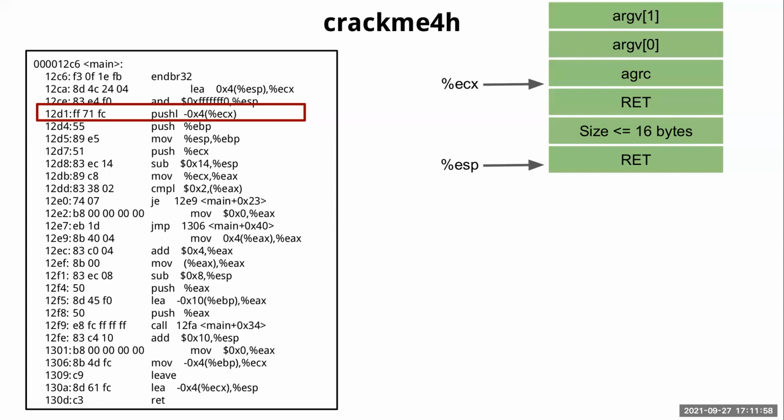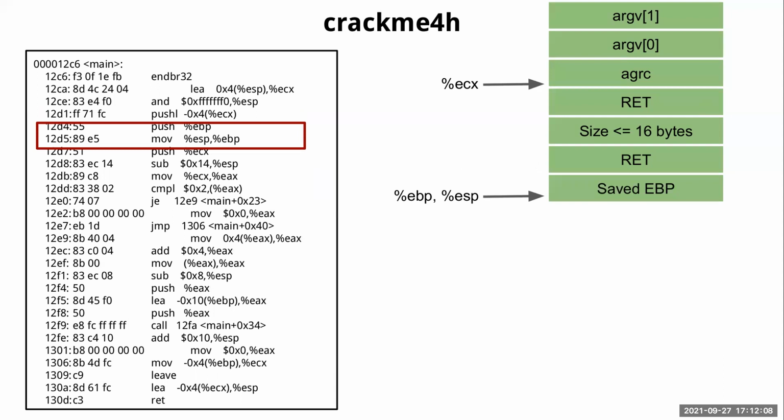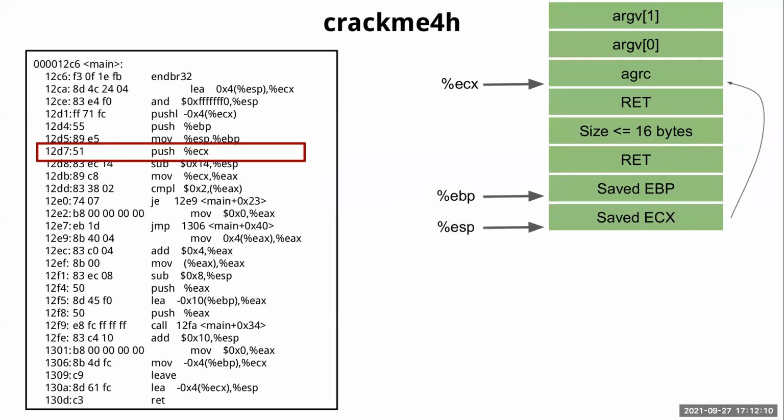So then everything after that is similar to a regular function. We have a push EBP, move ESP to EBP. So if we keep doing this, this is what we get. Then here we have another push ECX here. And the ECX was pointing to here, and we push the value of ECX to the stack.